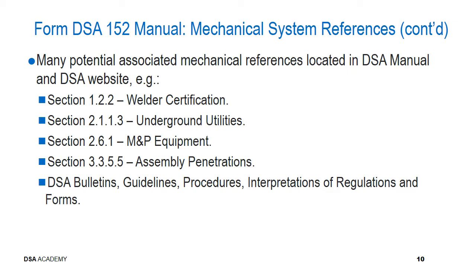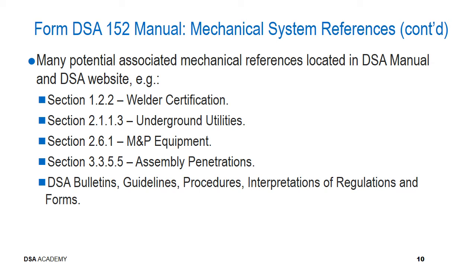They are Section 1.2.2, Welder Certification, Section 2.1.1.3, which addresses underground utilities, Section 2.6.1, which identifies mechanical and plumbing equipment, Section 3.3.5.5, which has helpful information relating to assembly penetrations.